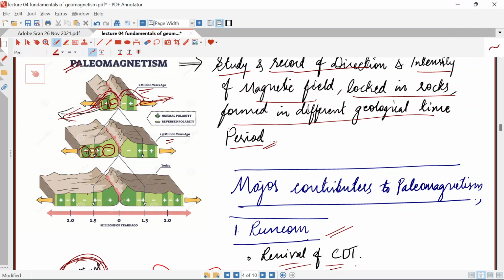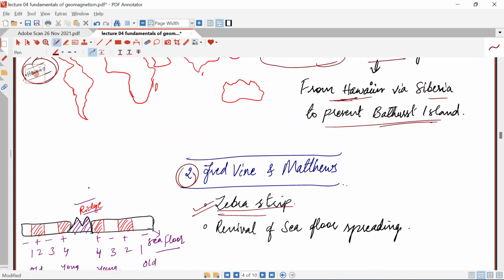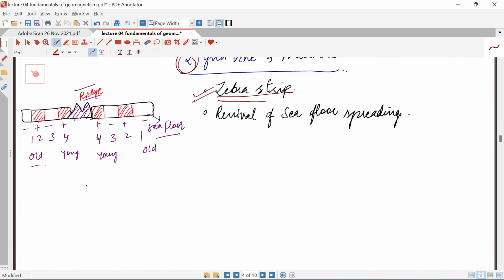This took place, and at present if we see, there are changes in these stripes. So there is normal polarity, and there is reverse polarity and normal polarity. This is what we have to learn from this, and we'll see this in this diagram.